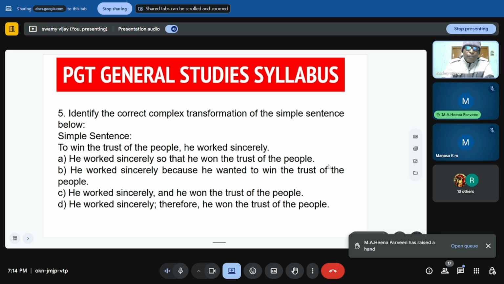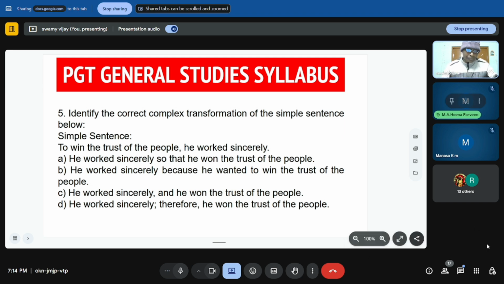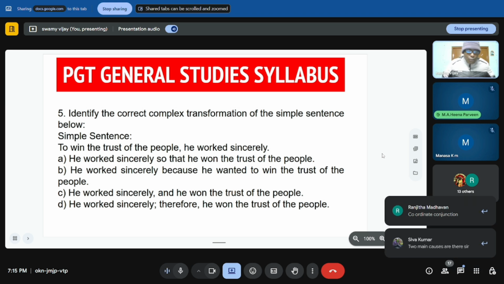Now tell me whether "therefore" is a subordinating conjunction or a coordinating conjunction, or whether it is a conjunction or not. Therefore, the one which connects these two main clauses, is it a conjunction or not? It's a coordinating conjunction. Two main clauses are there.